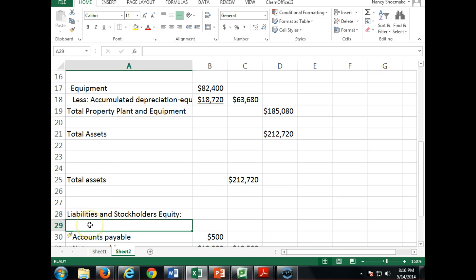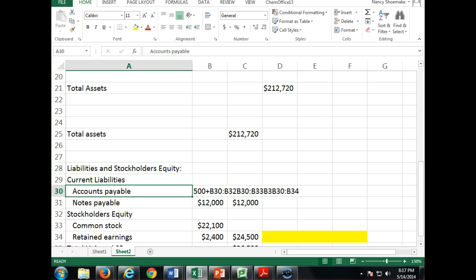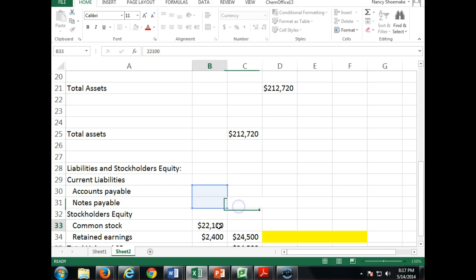We're going to start with current liabilities, right? What are our current liabilities here, guys? Notes payable. Notes payable is how much? 93,600.